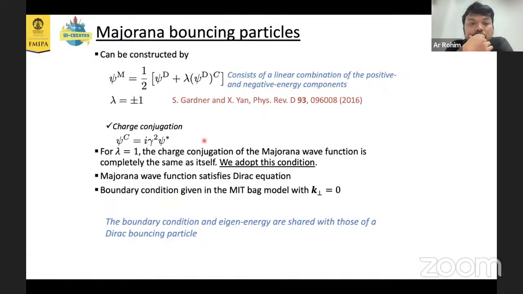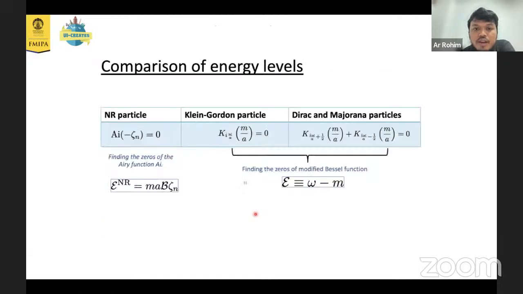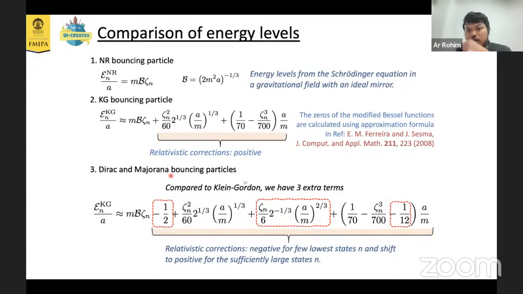Because the Majorana wave functions also derive from first order differential equations, it will face a similar problem to the Dirac particles. Then you can employ the boundary condition from the MIT bag model and find the energy levels for Majorana. Then you can compare the energy of each particle to the non-relativistic ones.